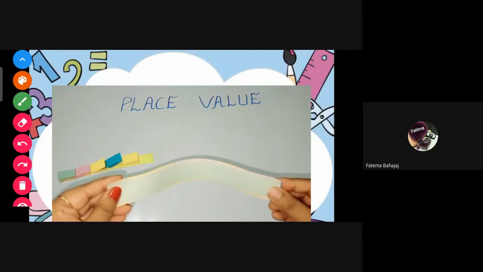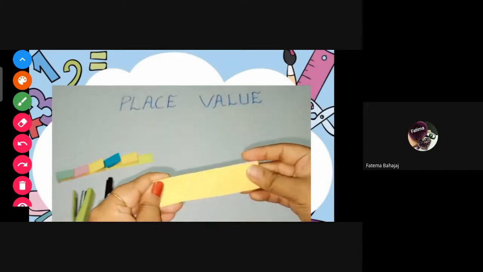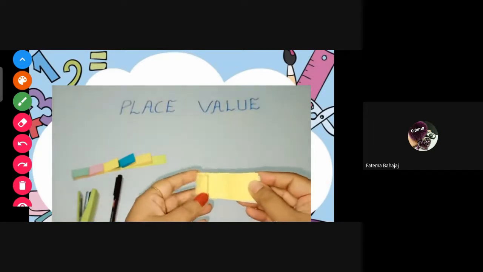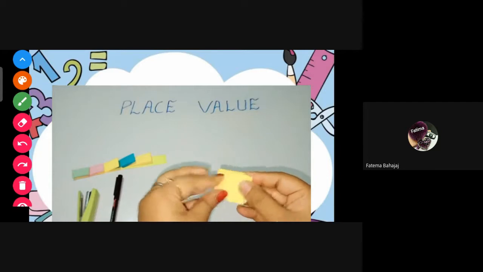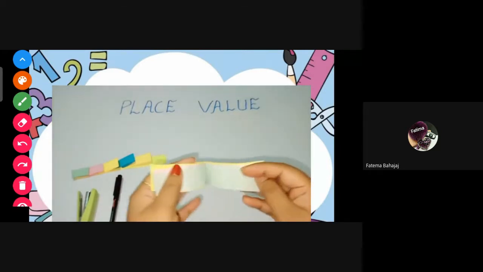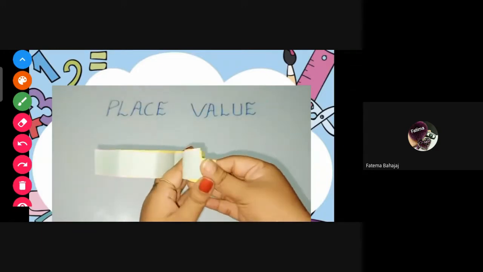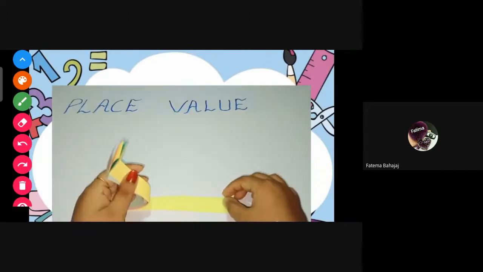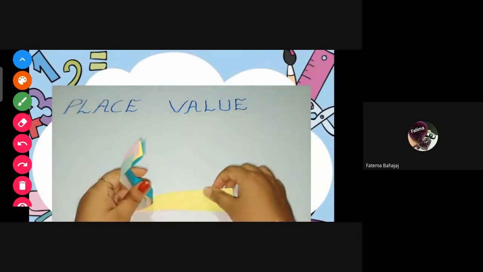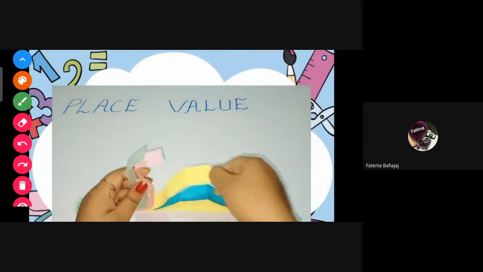You can see the 6 strips. This way you have to fold it into 6 parts. When you open it, this way 3 and that way 3, means a total of 6 parts. That many times you have to fold it this way, and any one end you have to stick.